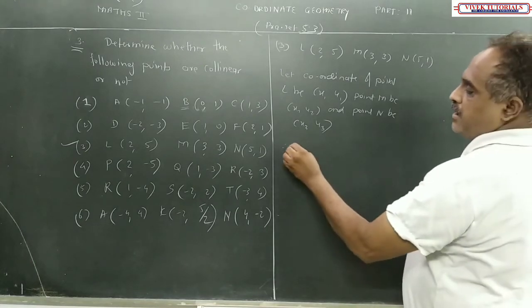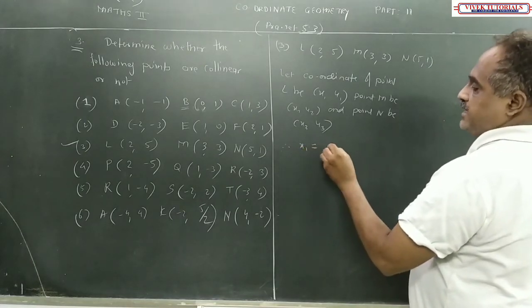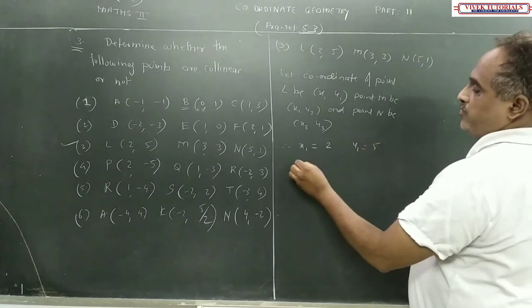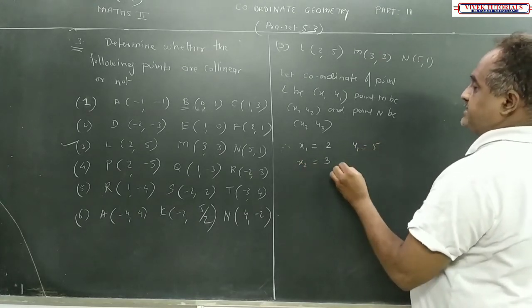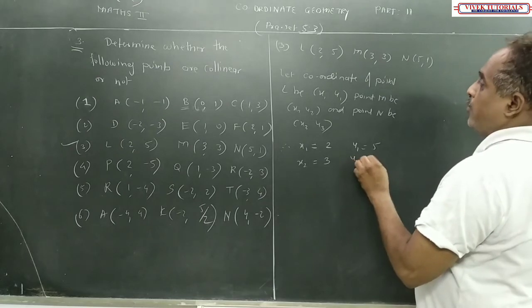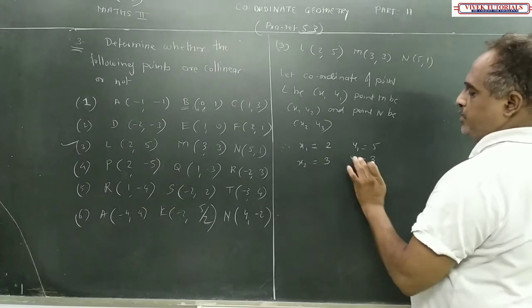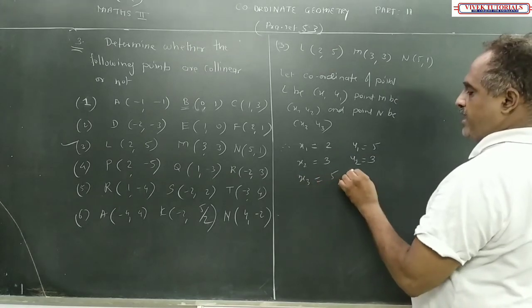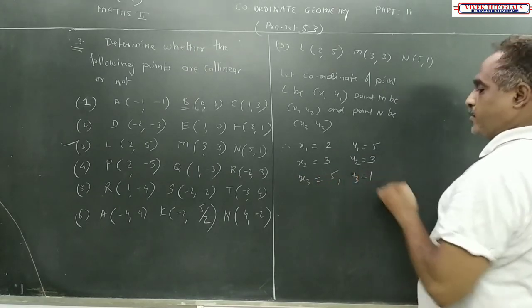Therefore, x1 is equal to 2, y1 is equal to 5, x2 is equal to 3, y2 is equal to 3, x3 is equal to 5, y3 is equal to 1.